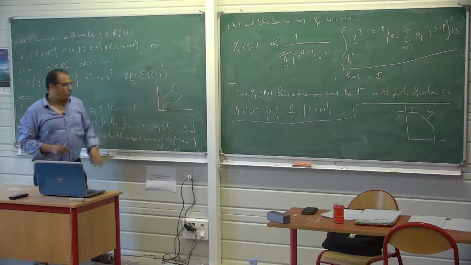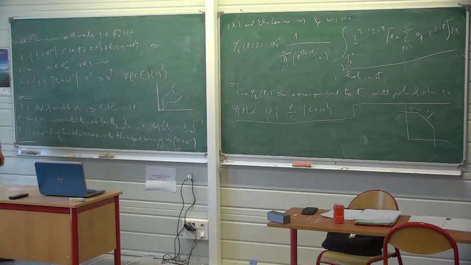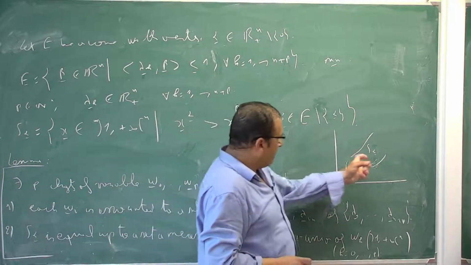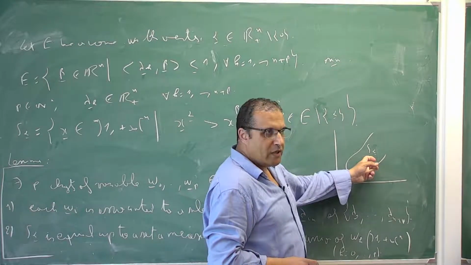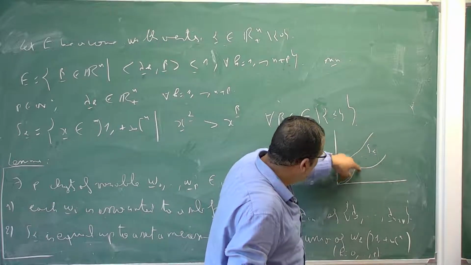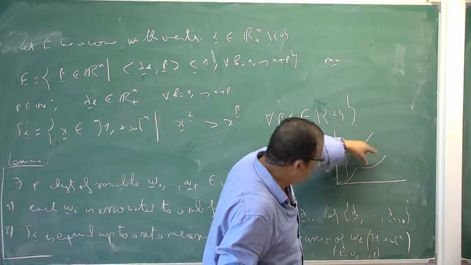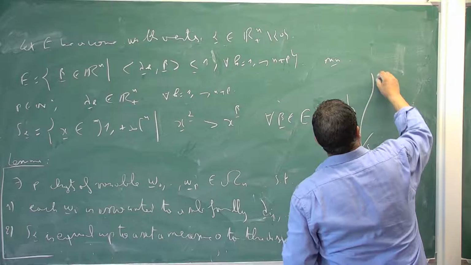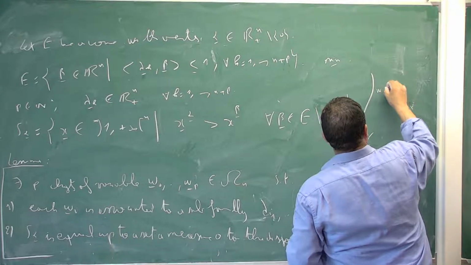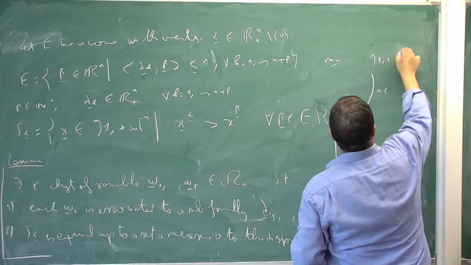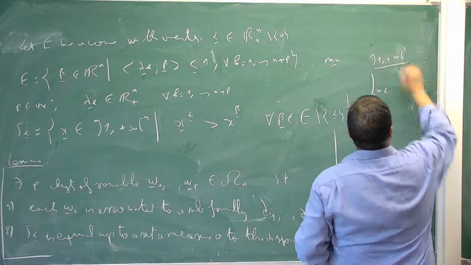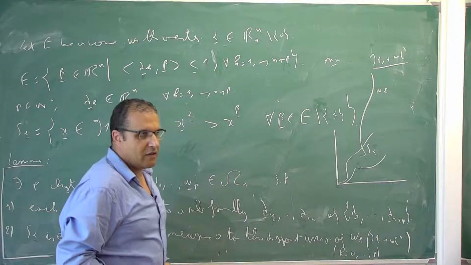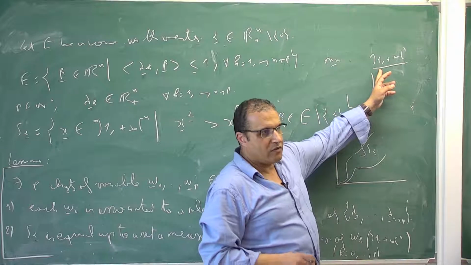What this lemma says is that the set where alpha is dominant can look very bad geometrically, but we can transform it by some omega k. It's the image of this set.